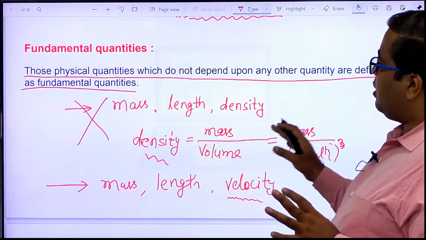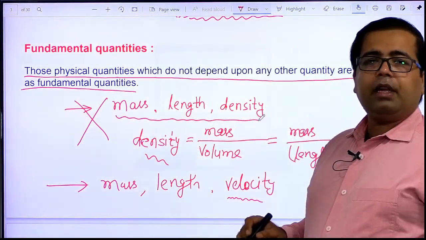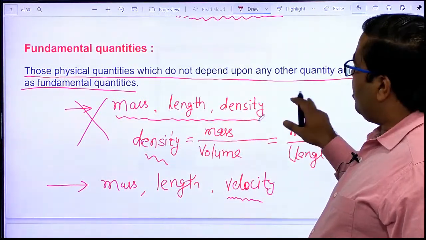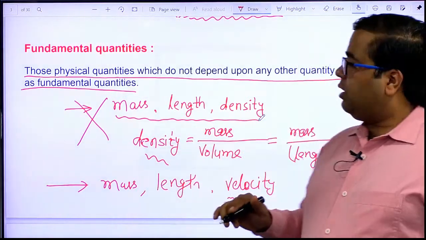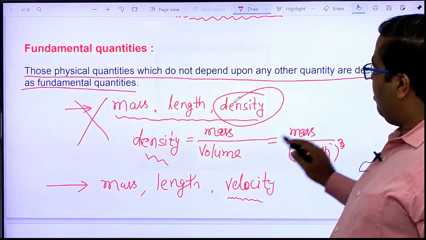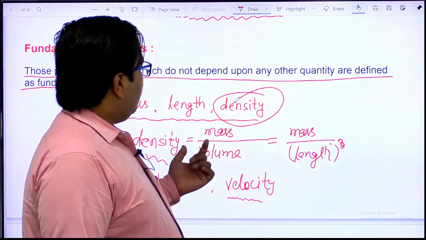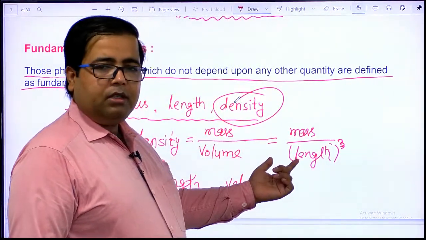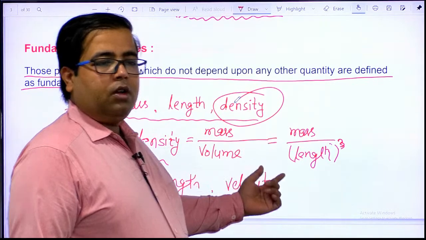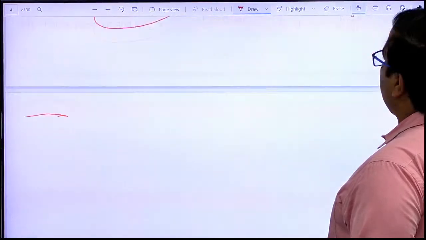Say you have a set of quantities like mass, length and density. Can they be taken as fundamental quantities? Density can be derived using mass by volume, or mass by length cube. It means density is dependent on mass and length. That means you cannot take density as a fundamental quantity.